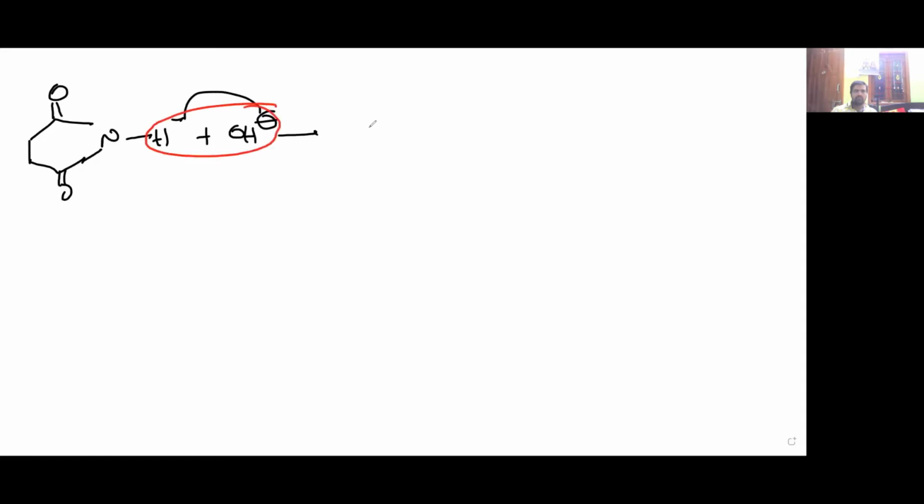So in the first step, please remember we added base and water. NH is an acidic hydrogen. So obviously the base will abstract it, and water is eliminated. Then this is N minus. After that, you added Br2.